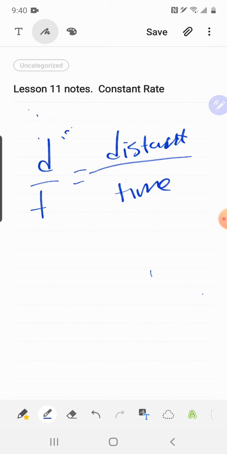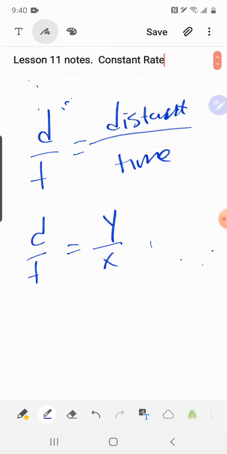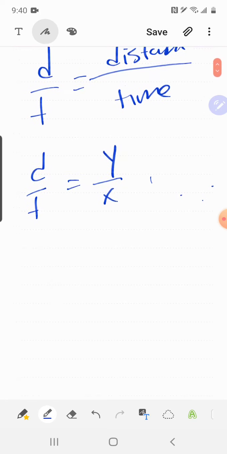And when we were trying to find the constant rate given a time to figure out where it went, we use d over t is equal to y over x, when distance is related to y and time is related to x. So today, that's what we are going to be doing.